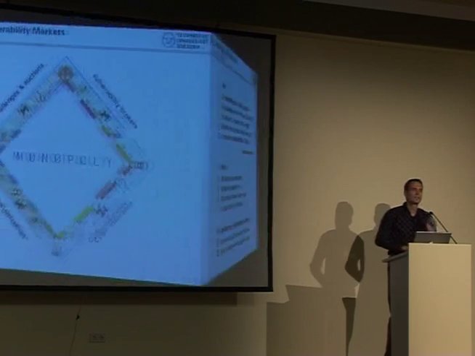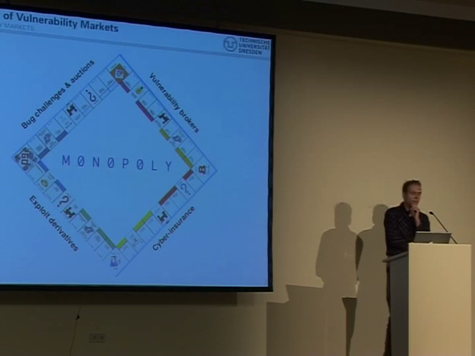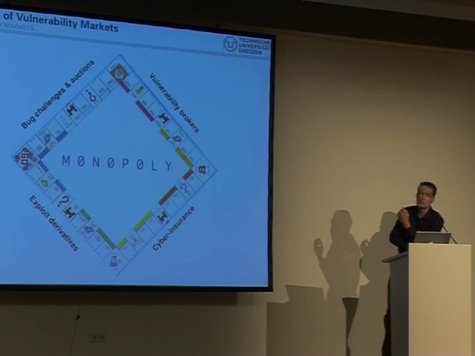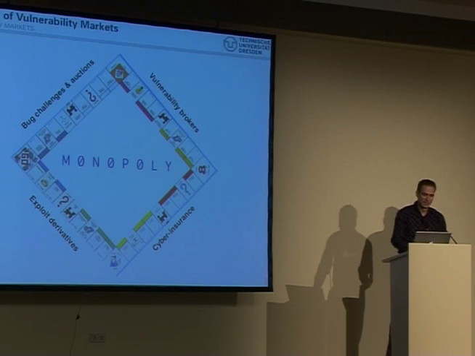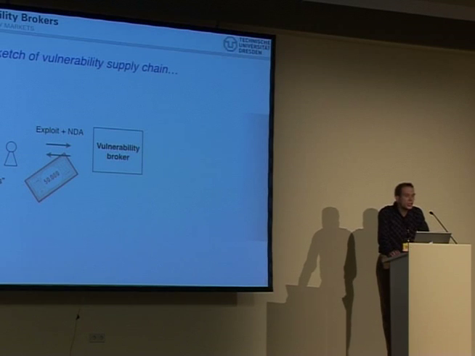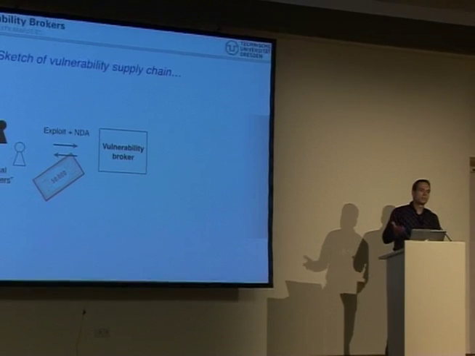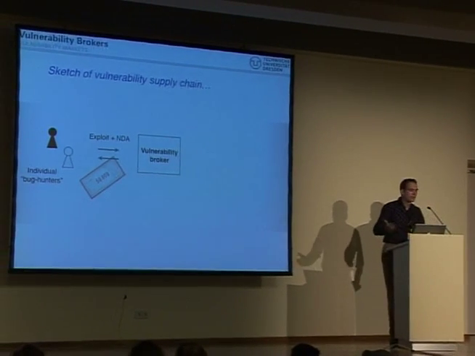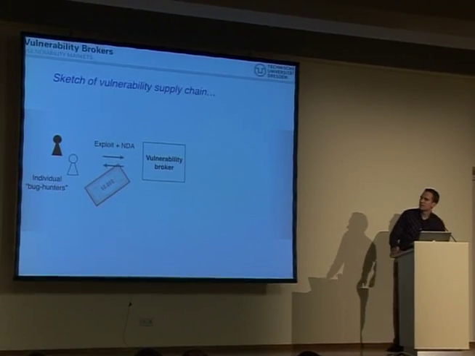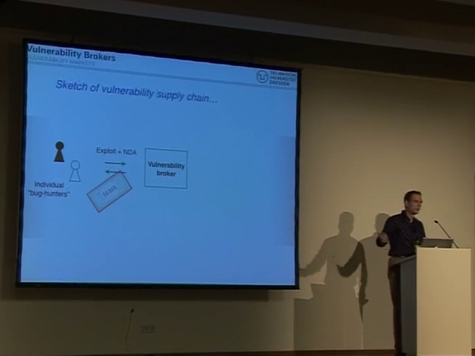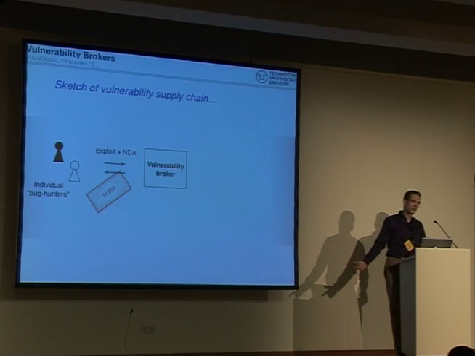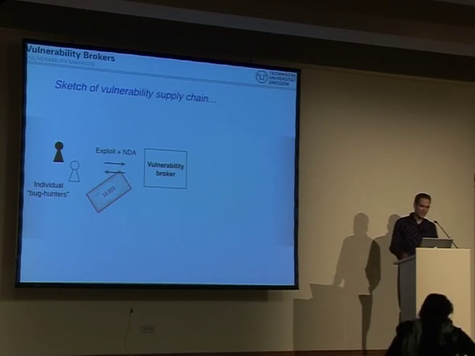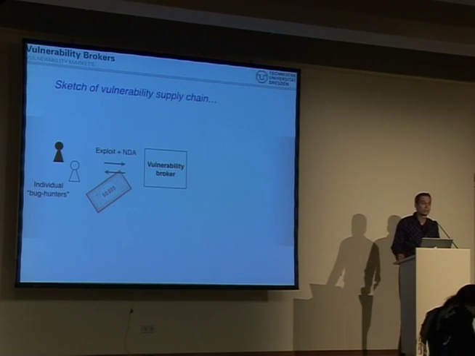So let's go to the next type of vulnerability market, and these are the vulnerability sharing circles, or how I call them, vulnerability brokers. And just let me sketch the business model behind. You have a vulnerability broker, which is a private company, or a public institution, whatever, and that offers a monetary reward for exploits, or call it vulnerability information, plus a non-disclosure agreement, and thus rewards individual bug hunters.